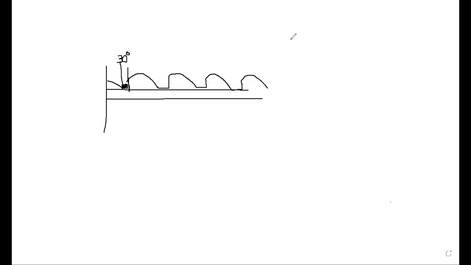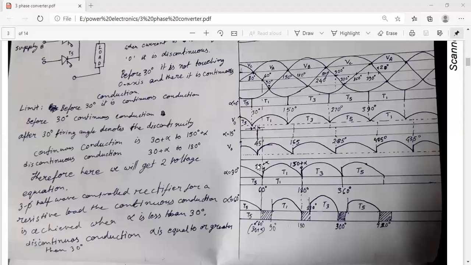Okay, so this is for alpha equal to 15 degree.